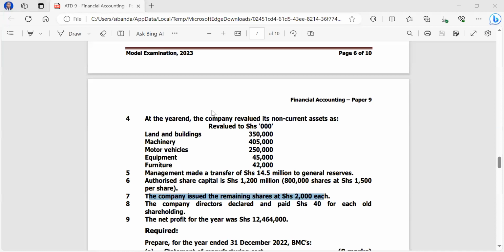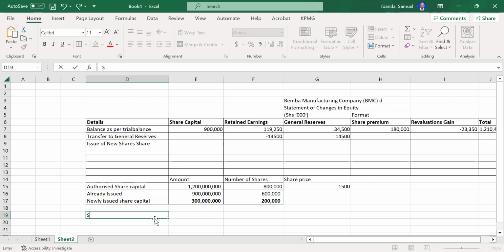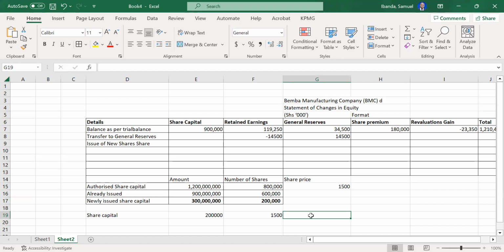So the newly issued share capital is going to be the 200,000 multiplied by 1,500 to give us this 300 million.